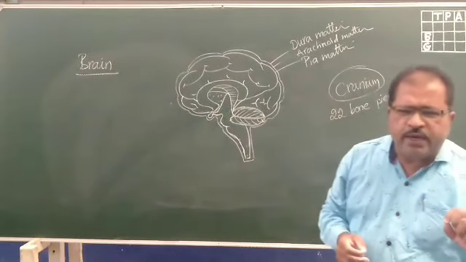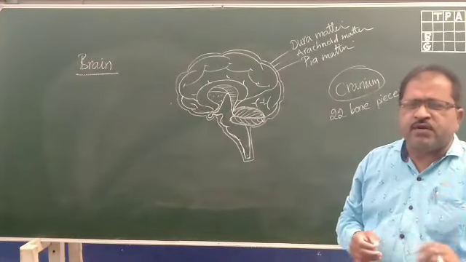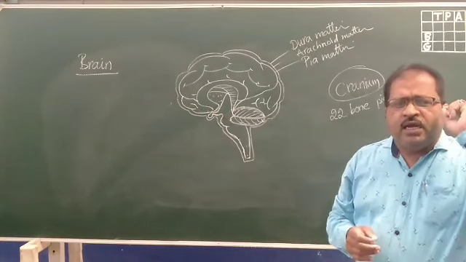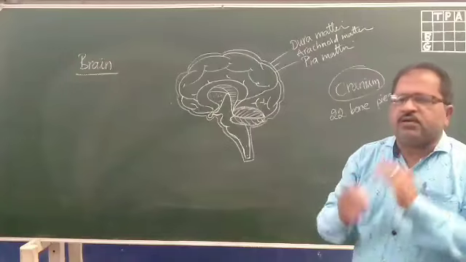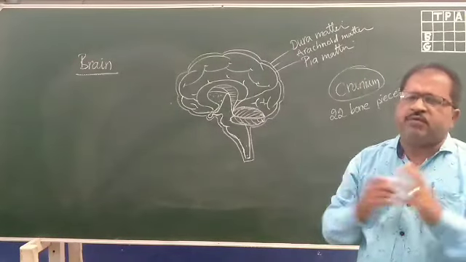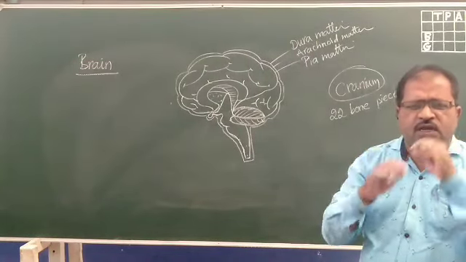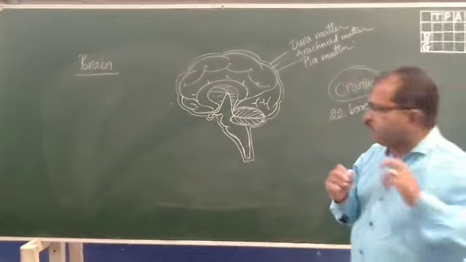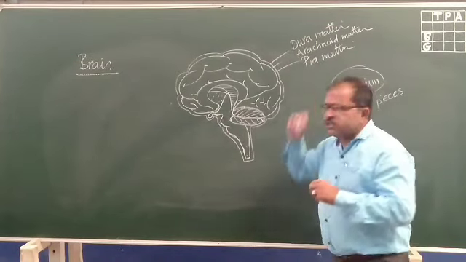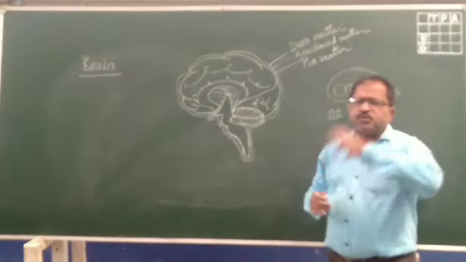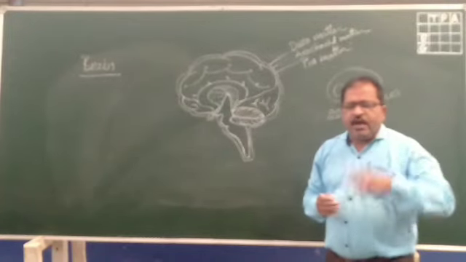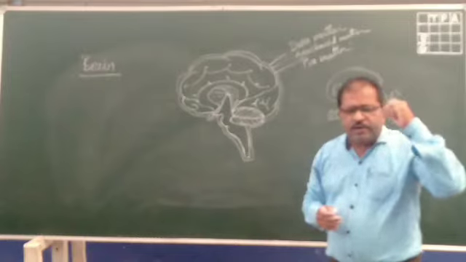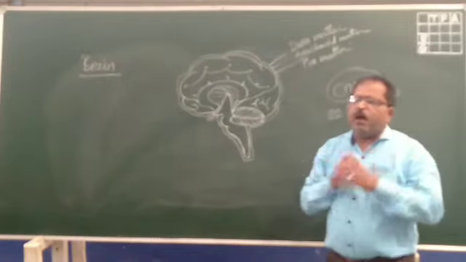And the innermost layer is called the pia mater, which is in complete contact with the blood vessels. It is a vascular layer. A number of blood vessels are presented there, and those supply blood to the brain. The oxygen is also supplied by this pia mater.